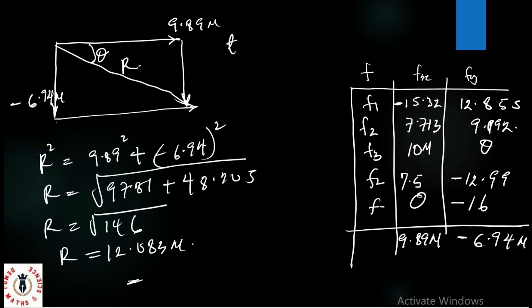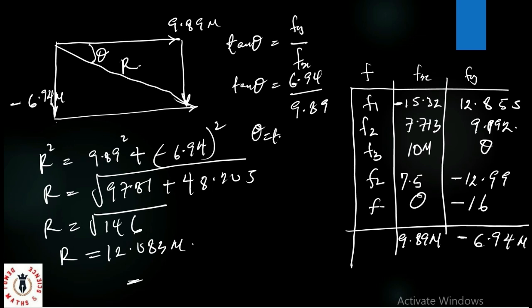Now, if R is 12.083 Newton, what is the angle at which this is inclined to the x-axis? My tan theta is the same thing as the y component over the x component. So tan theta is 6.94 over 9.89. Now theta will be the tan inverse of 6.94 over 9.89, which is the same thing as 0.702.